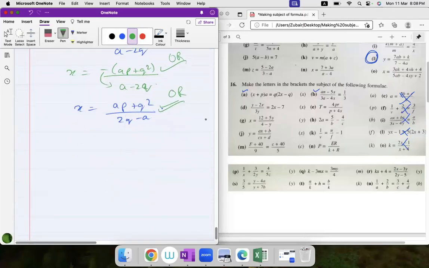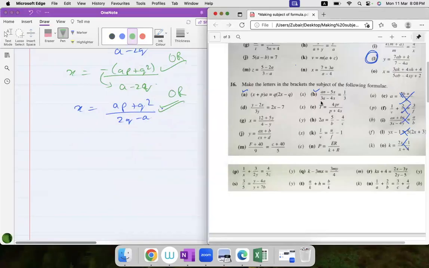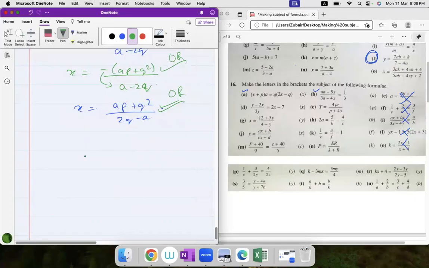Okay, we did B. And let's see, in D we have to make X the subject again, and still X is at two different places.